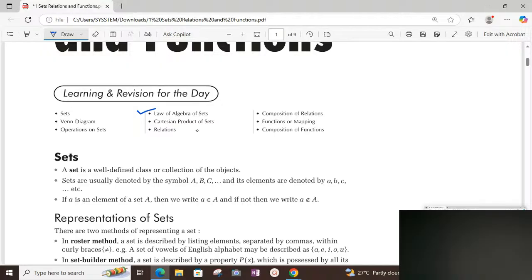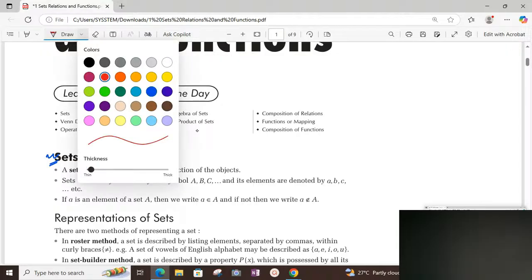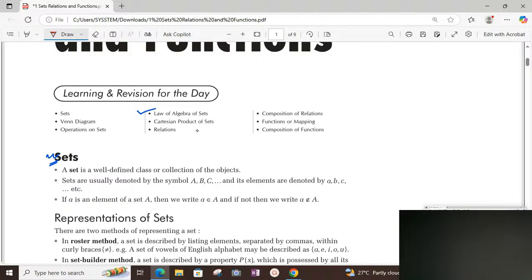So let's see the details of sets. A set is a well-defined class or collection of objects. Sets are usually denoted by capital letters A, B, C and its elements are denoted by small letters a, b, c, etc. If a is an element of set A, then we write a ∈ A. This Greek symbol is known as epsilon.